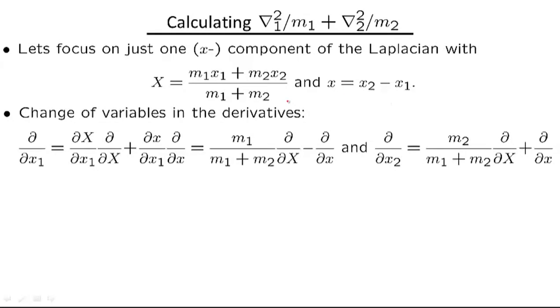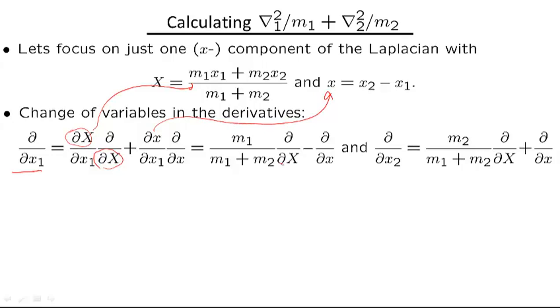Now, in order to change the variables in the derivatives, we can go from the derivative with respect to x1 to derivatives with respect to capital X and lowercase x. This transformation can be done by rewriting it as so. We basically add, in some sense, a derivative in the numerator and denominator. The derivative dX over dx1 is calculated from here, and the derivative dx over dx1 is calculated from here.